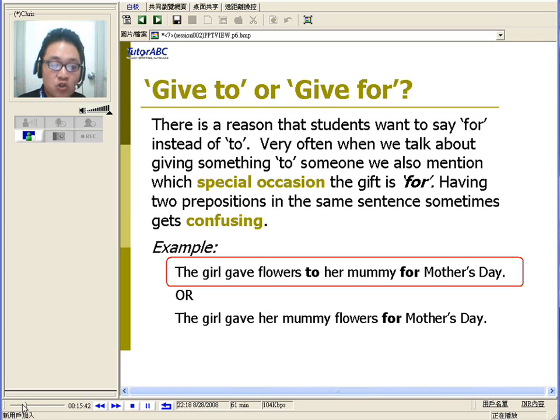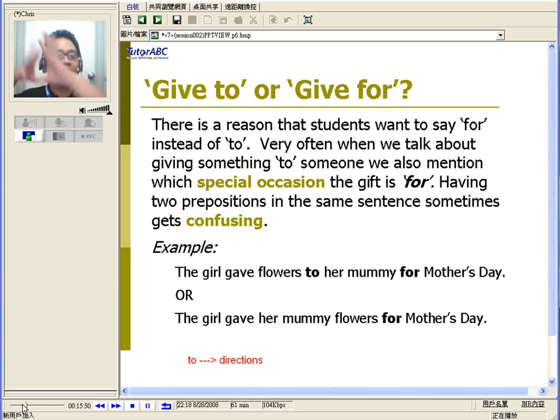Most of the time we use to when it comes to directions, when something is happening from A to B. We are going to Taipei. I will give the report to you. That kind of stuff is the direction of to.